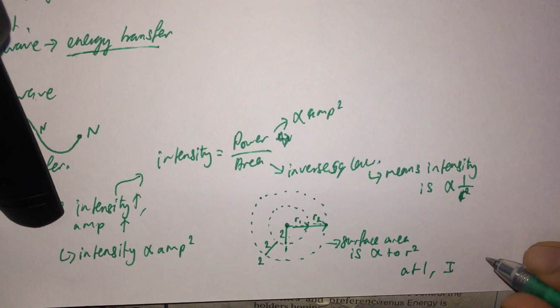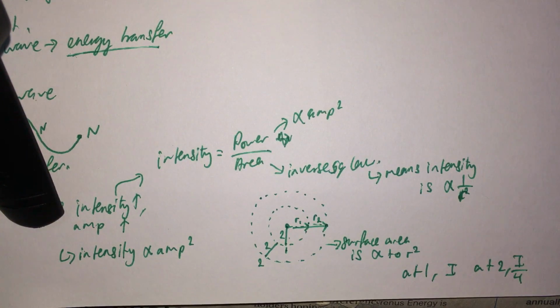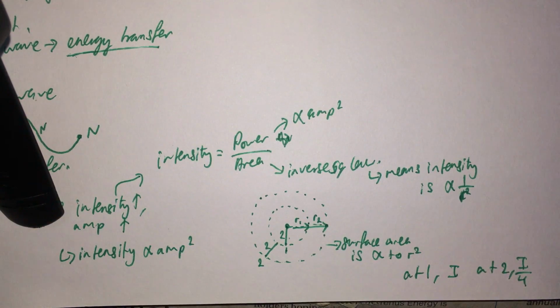Since the distance is twice, the intensity will be 1/4 of the intensity at 2 meters. You get what I mean? So that's the inverse square law. Intensity is proportional to 1 over distance squared.